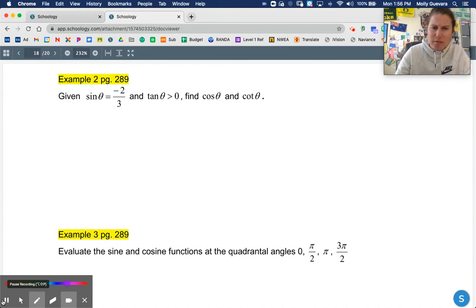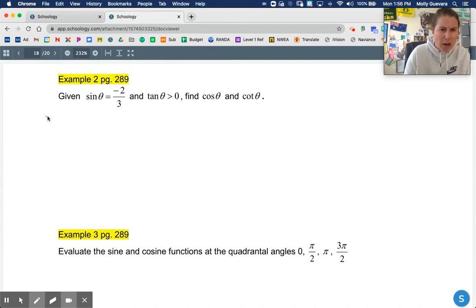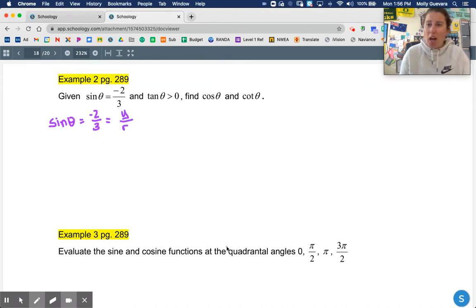There are lots of different ways that we can do this, but I'm going to start by saying I know that sine of theta is negative 2/3, and I know that sine is y over r, opposite over hypotenuse. So I'm going to sketch this out.